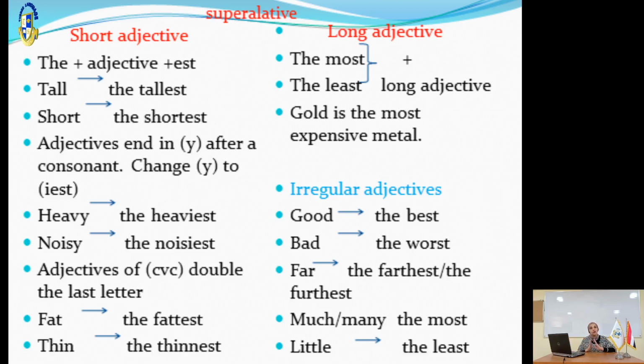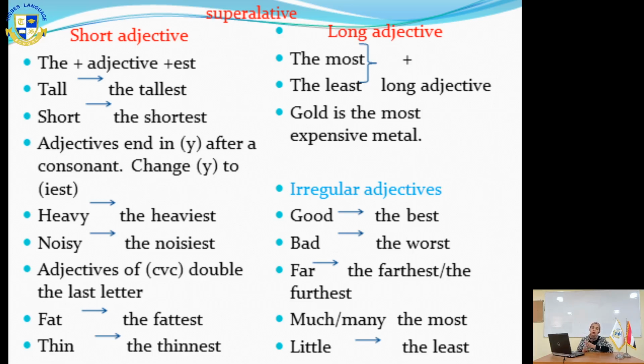So when we say, for example, I want a name, not one of your names, let's call her Alex. Alex is the prettiest girl. It means that no one is prettier than her. Why? Because she's the prettiest, the most pretty one, the most beautiful one.